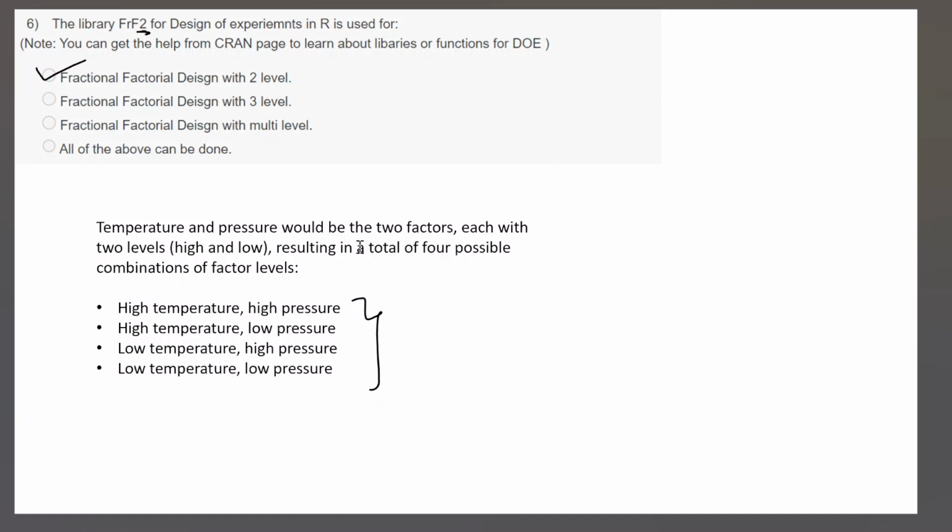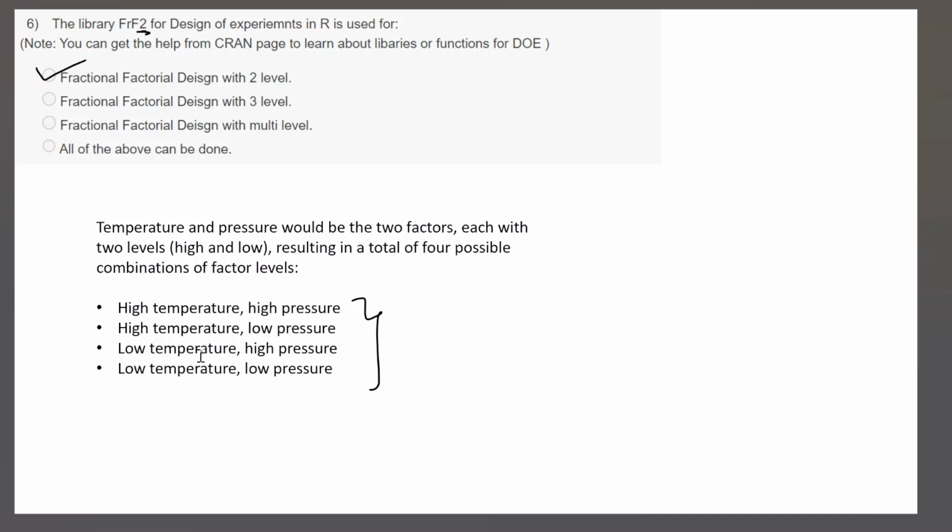In this case, temperature and pressure would be two factors with two levels each, high and low, resulting in four possible combinations: high temperature high pressure, high temperature low pressure, low temperature high pressure, and low temperature low pressure.